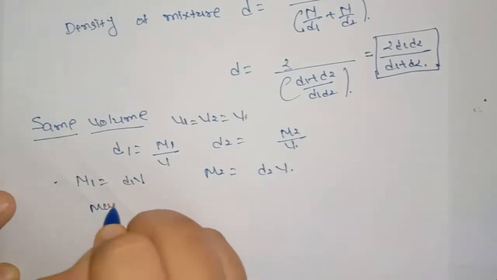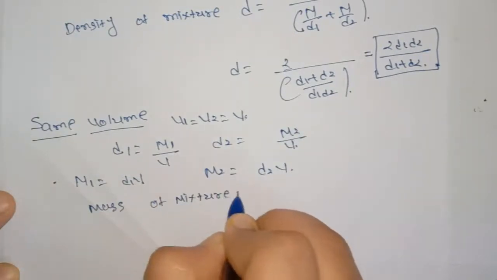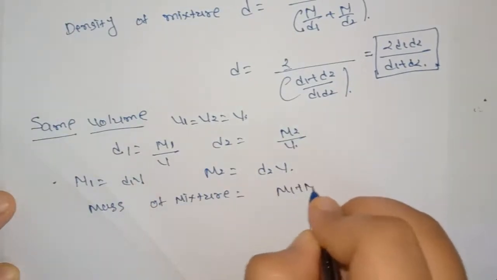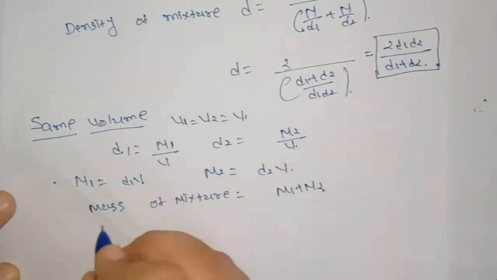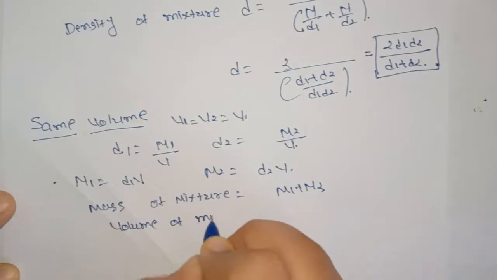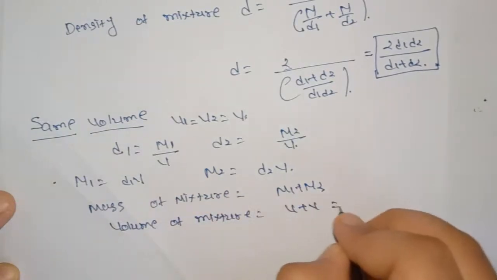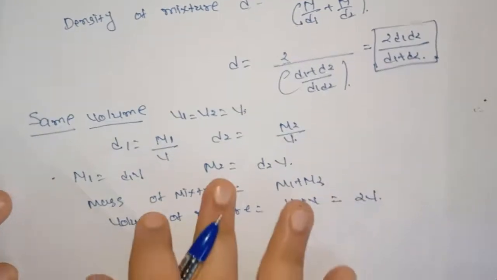The mass of mixture will be equal to M1 plus M2 and volume of mixture will be equal to V plus V, that will be equal to 2V.